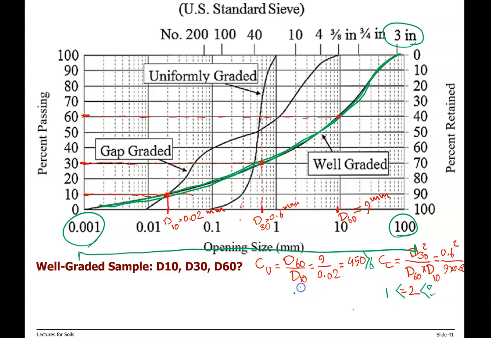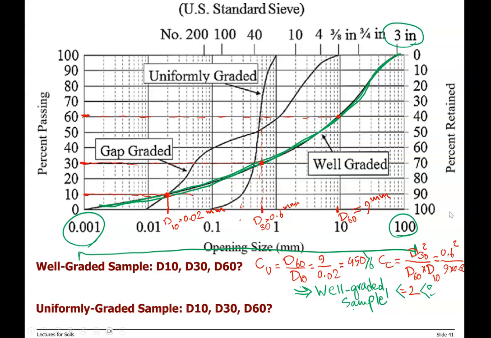So we can confirm that it's a well-graded sample. And you can try to do the whole thing again for the uniformly graded sample, and determine if it's a well-graded sample or a poorly graded sample.